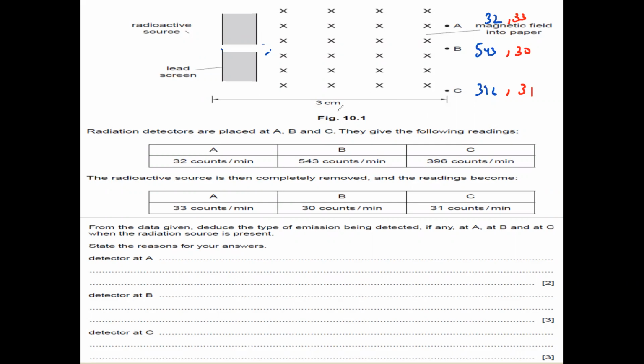First, at A, before and after, there is no change. If this was an alpha, by Fleming's left-hand rule, where the first finger represents the magnetic field, which is into the page, the second represents the direction of the particle, and the thumb is pointing up, A should receive alpha. But when you see the number of counts before and after for A, it does not change.